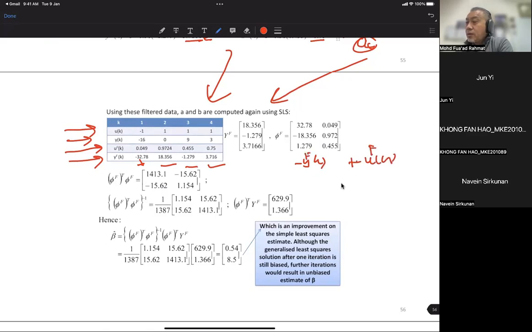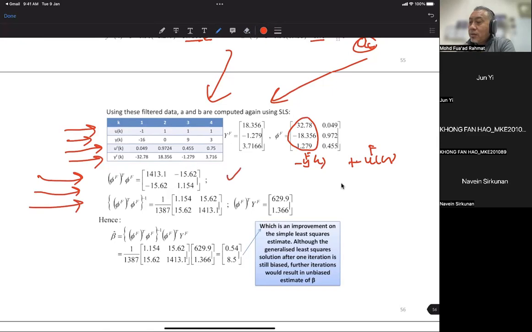In this case, you take minus 32.78, minus 18.56, and then minus 1.279 for the first column. For the second column it is UF directly, which is 0.049, 0.972, and 0.45. Then you continue as simple least square again, but under filtering.